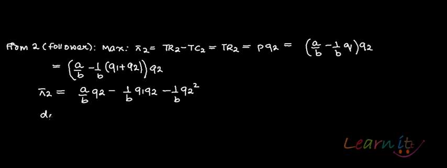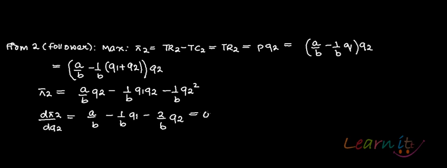So what does it do? It tries to maximize profits with respect to its own output, which gives A by B minus 1 by B Q1 minus 2 by B Q2, and this should be equal to 0. So you can just take B common from both sides.